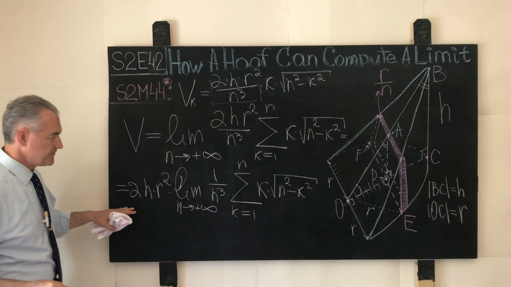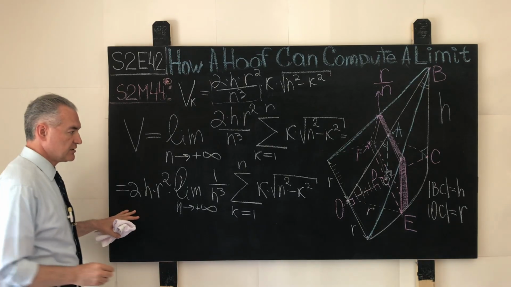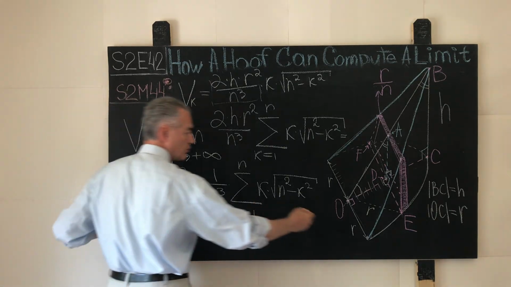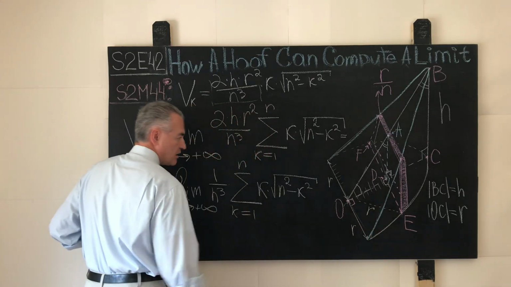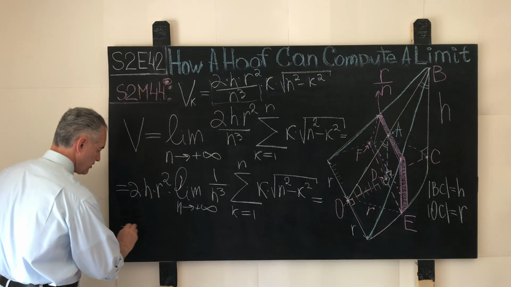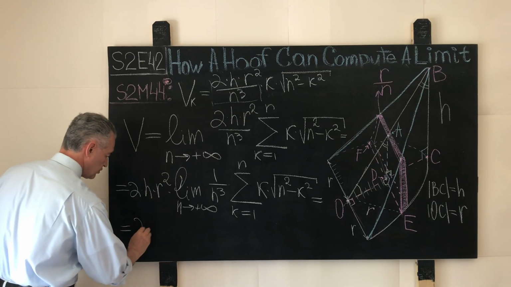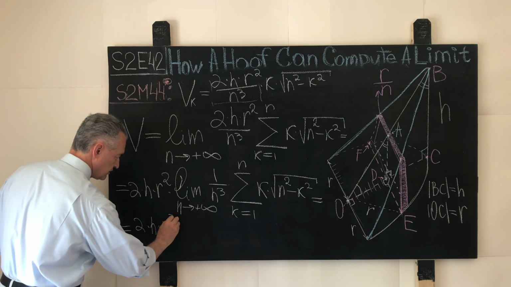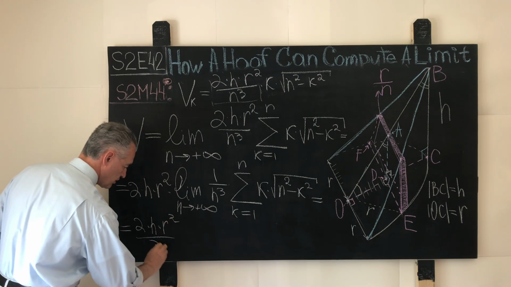And what do we see? We see that what we have here is an expression for the exact volume of our hoof of Archimedes. And in the previous segments we already know that this volume is 2 times h times r squared over 3.